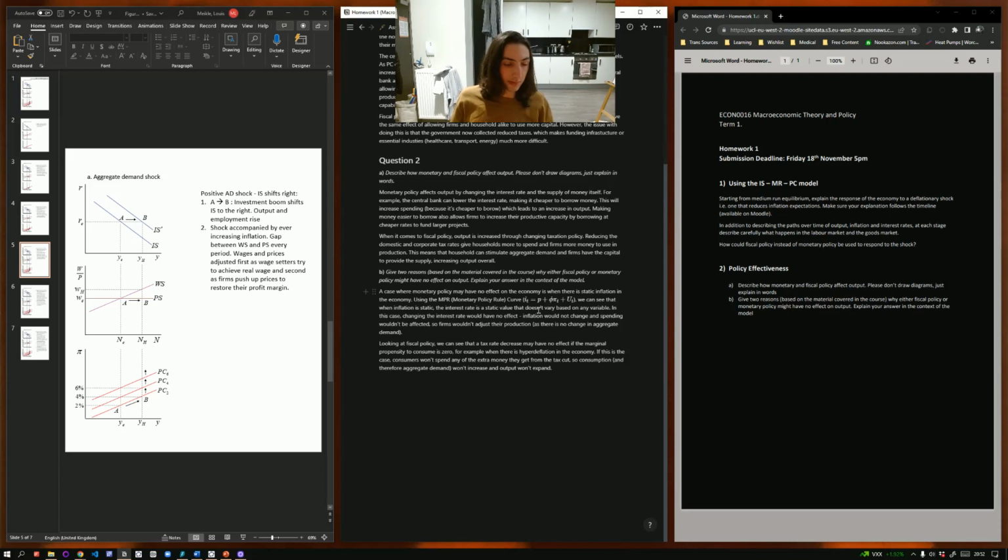So if we look at a Phillips curve in this case, the Phillips curve is only reliant on the output gap.